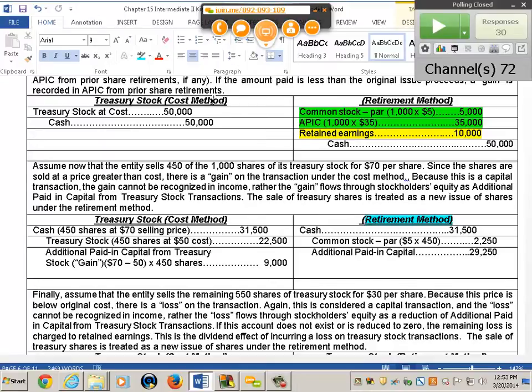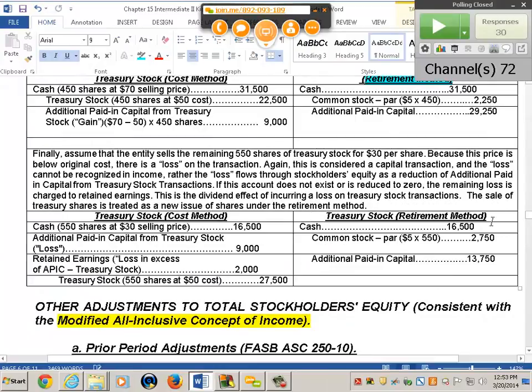Then when I reissue the remaining shares, I have, in this case, 550 shares times $30, or $16.5. Debit cash, credit again from financing activities, credit common stock at par, $27.50, and the excess goes into paid-in capital.